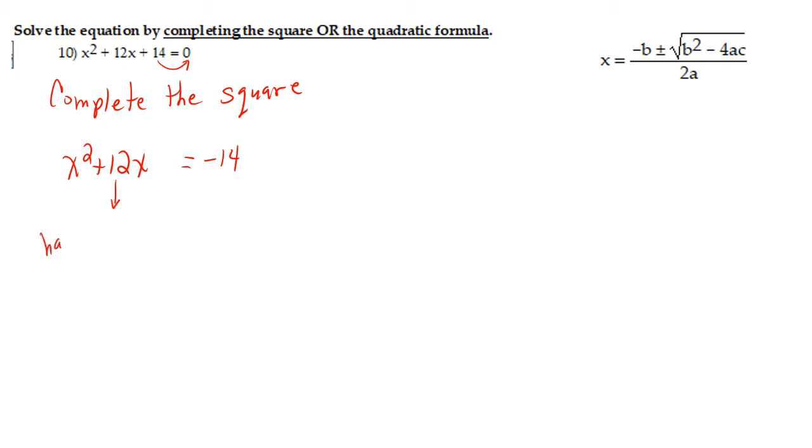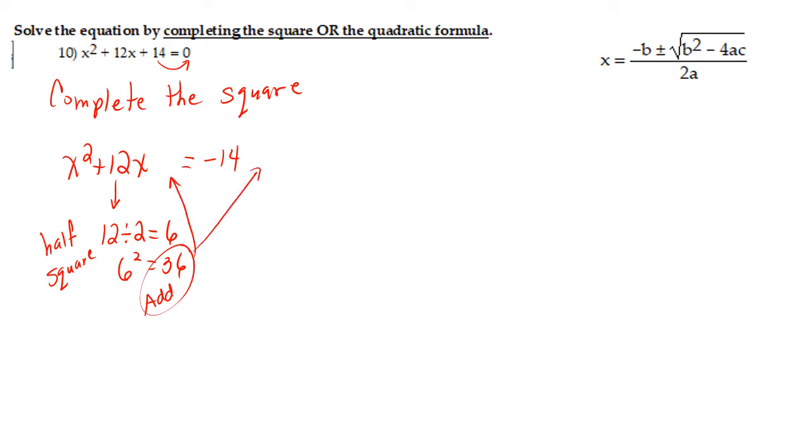You will actually take half of the middle coefficient 12. That means to divide it by 2, making it become a 6. Then you will square that result. So 6 squared is 36. Then you will add this 36 back into both sides of the equation, putting plus 36 plus 36.